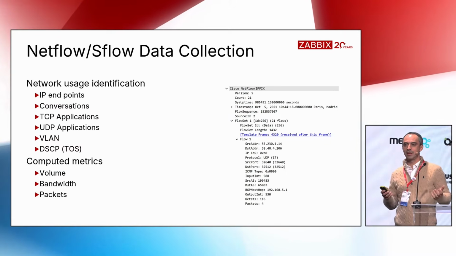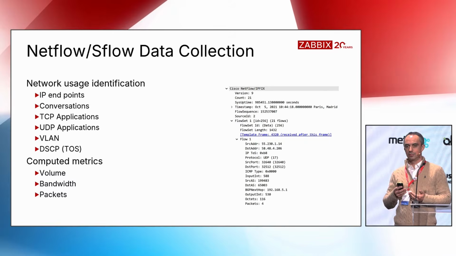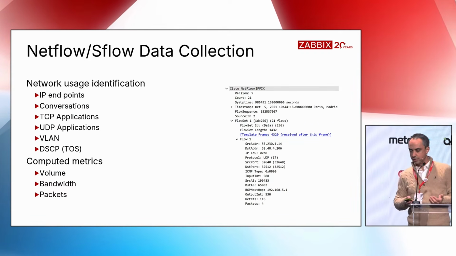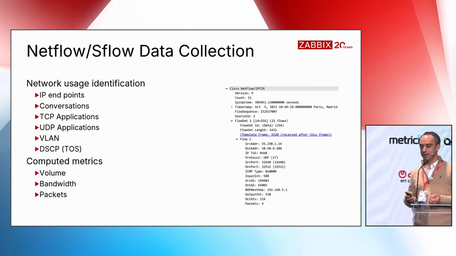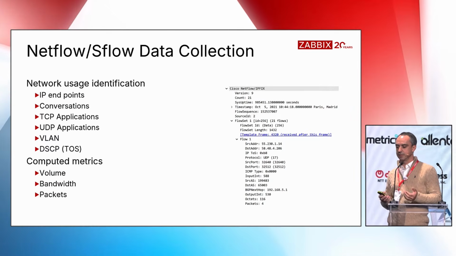So what can we collect in NetFlow? We can have the IP endpoint, the conversation, TCP application, UDP application, the VLAN, and also information about quality of service, like QoS.